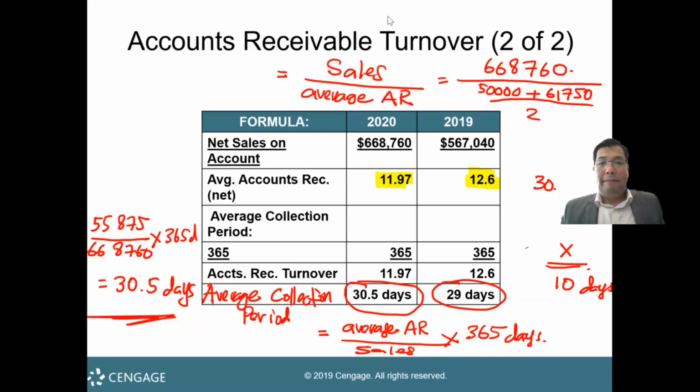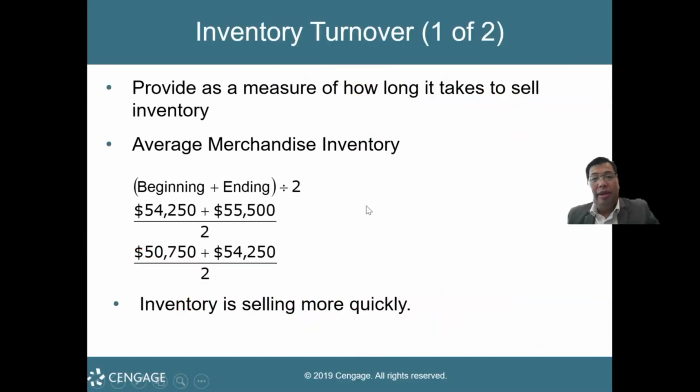Which is more efficient? So how to calculate the average total period? The second measure for efficiency is inventory turnover.